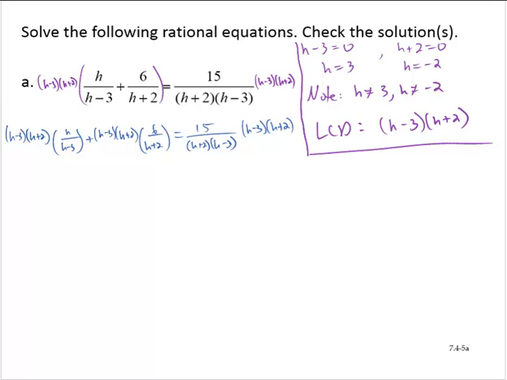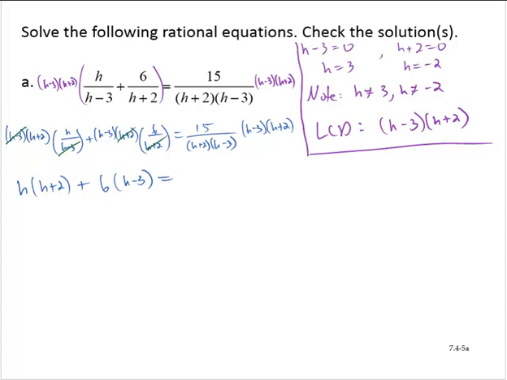Alright, so let's reduce out what we can. First term, the h minus 3 is reduced out, leaving h times h plus 2. Second term on the left-hand side, the h plus 2 is reduced out, leaving 6 by h minus 3.